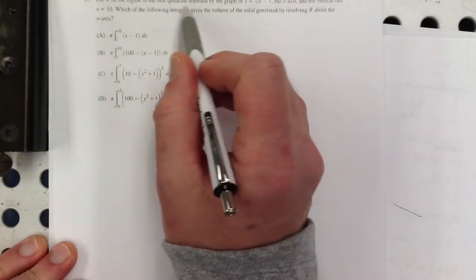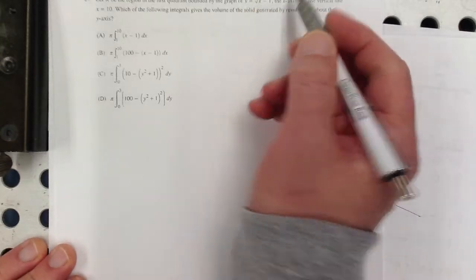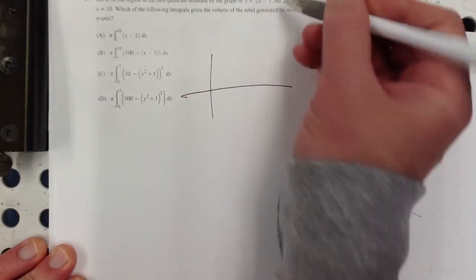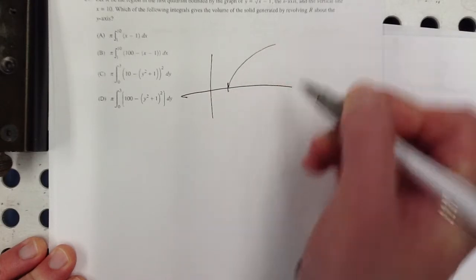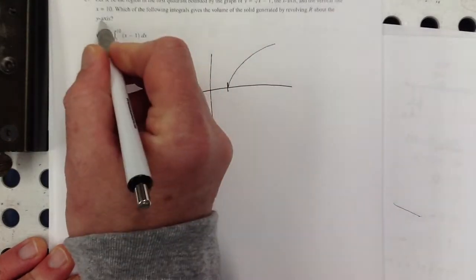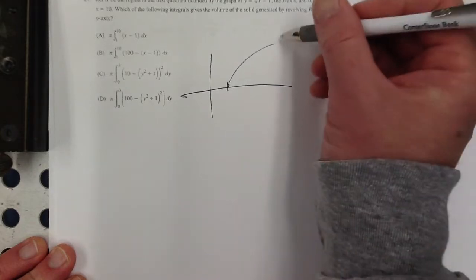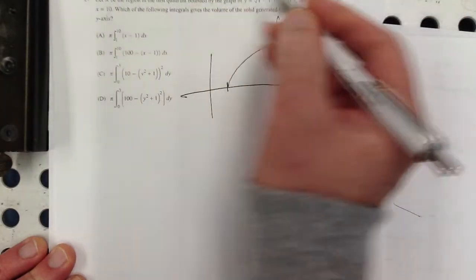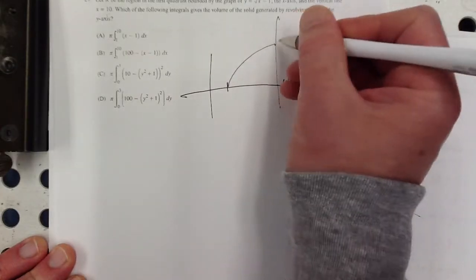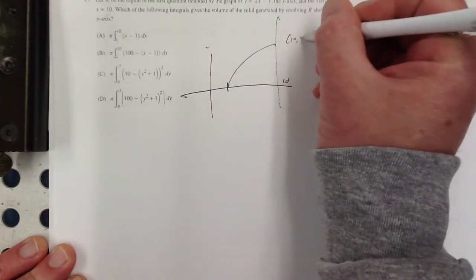Let R be the region in the first quadrant bounded by the graph of y equals the square root of x minus 1. That's the square root function shifted over 1. So like this. And the vertical line x equals 10. When you plug x equals 10 into this, you get y is equal to 3.